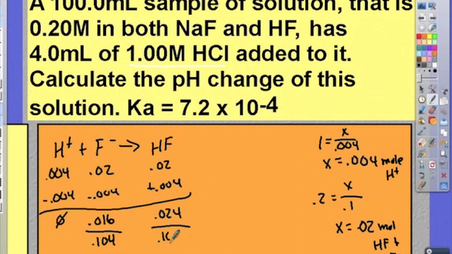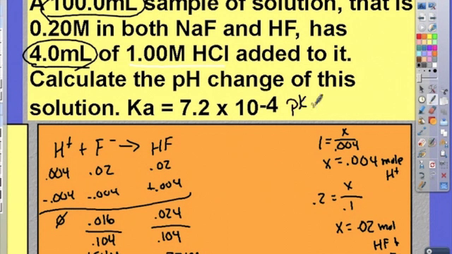Make sure you divide by total volume. So that's 100 plus 4, which is 104 milliliters or 0.104 liters. That's going to give us 0.154 molarity and 0.231 molarity.